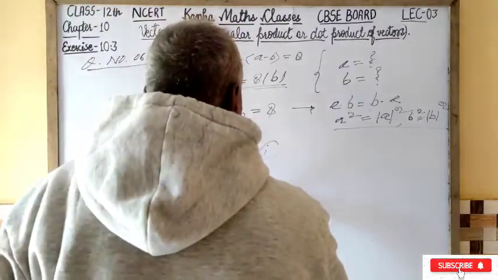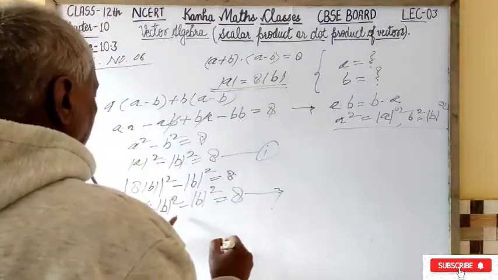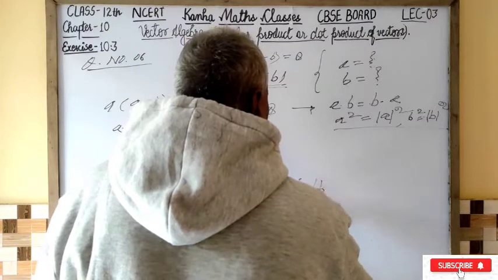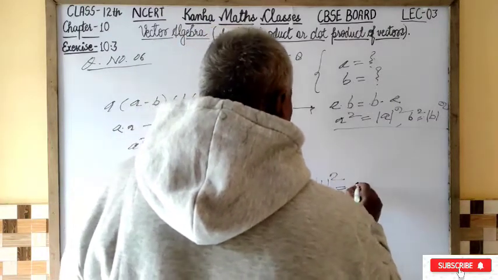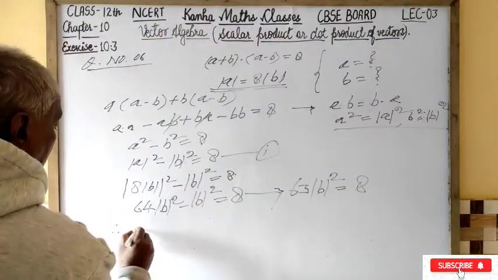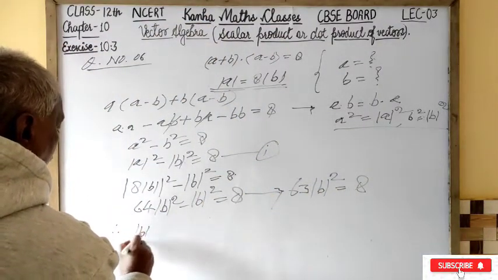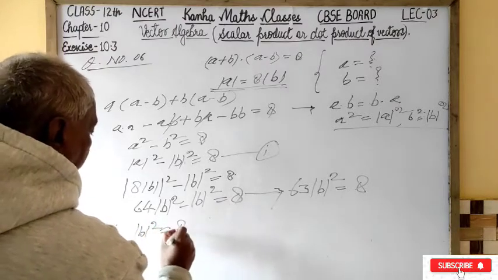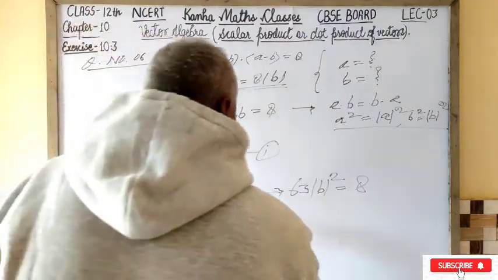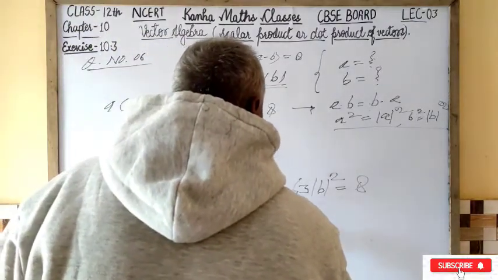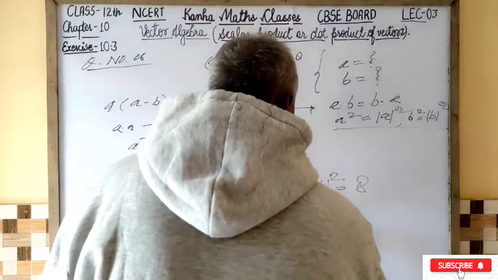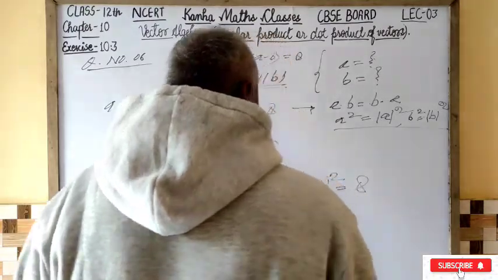It means 64 mod of b square minus mod b square is equal to 63 mod of b square is equal to 8. It means mod of b square is equal to 8 upon 63, or mod of b is equal to under root 8 upon 63.